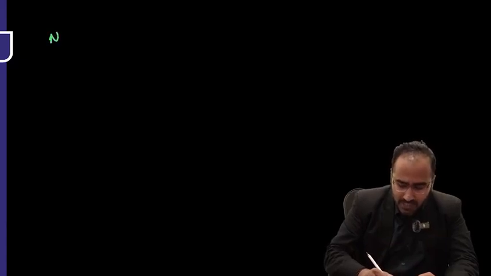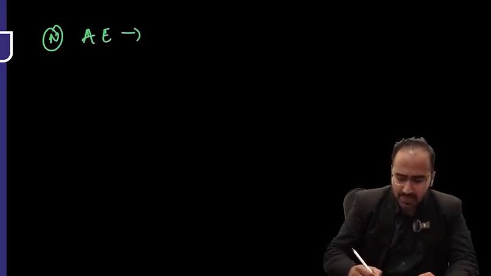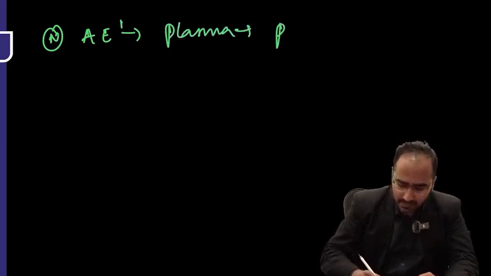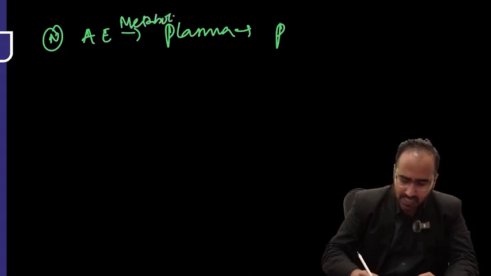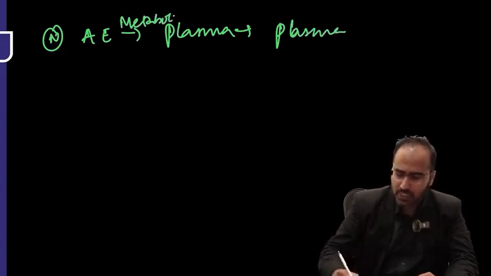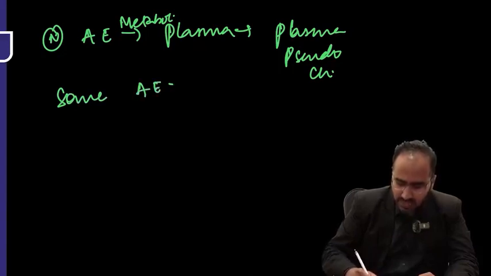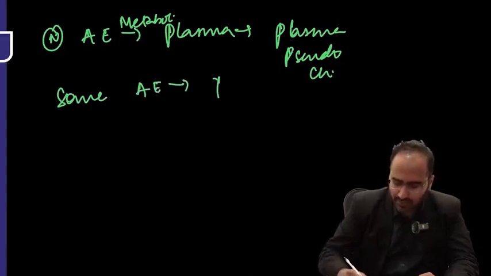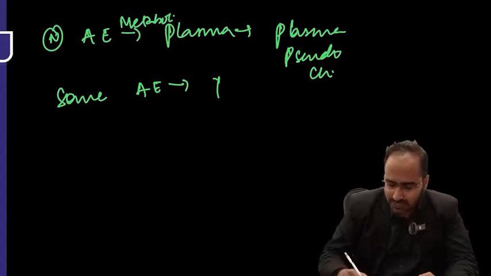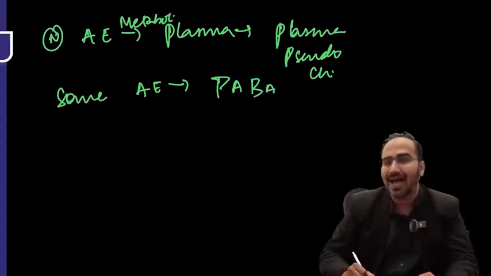Because normally amino esters are metabolized in the plasma by plasma pseudocholinesterase. But some amino esters, after being metabolized by plasma pseudocholinesterase, are metabolized to a compound called PABA, which is what, guys?